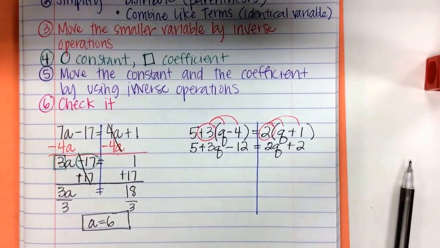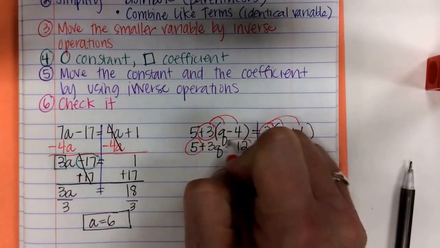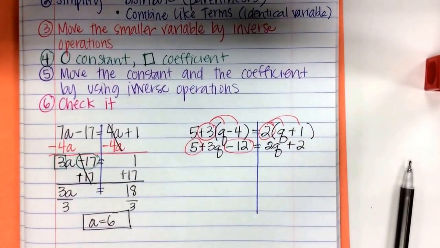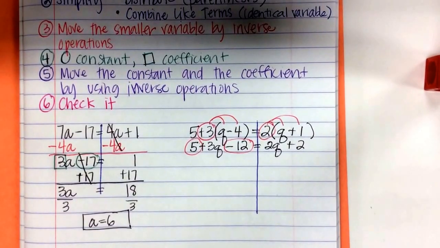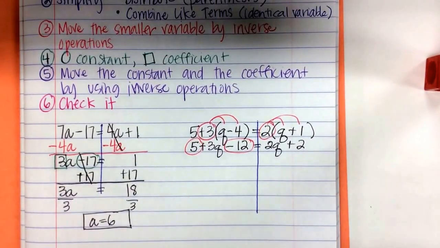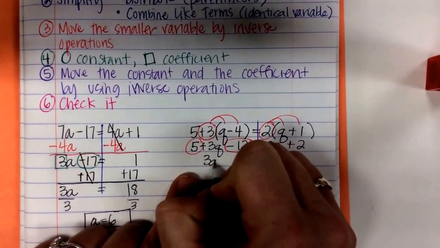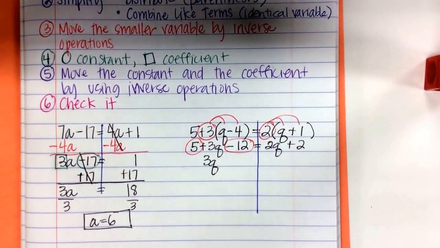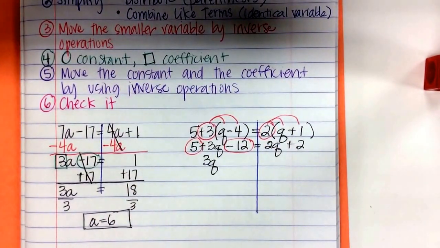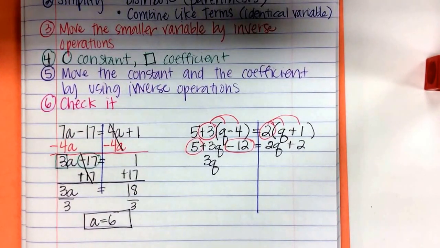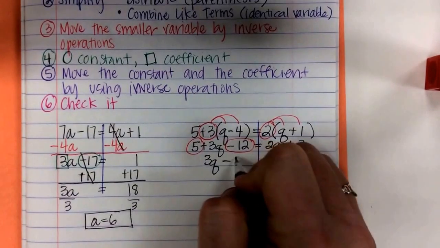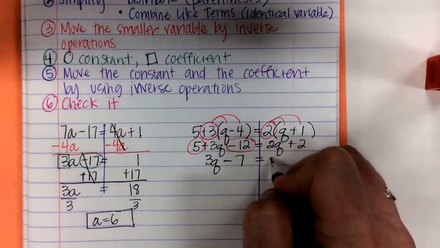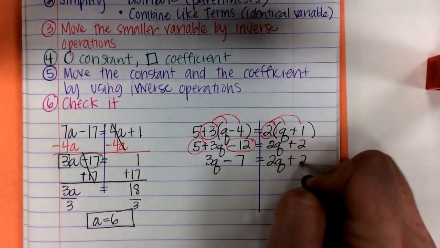No. 5 and negative 12 can go together. I'm going to put 3Q first, because my variable should go first. And what's 5 minus 12? Negative 7. Equals 2Q plus 2.